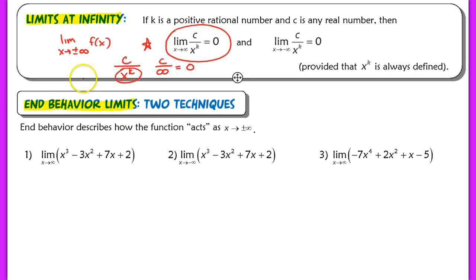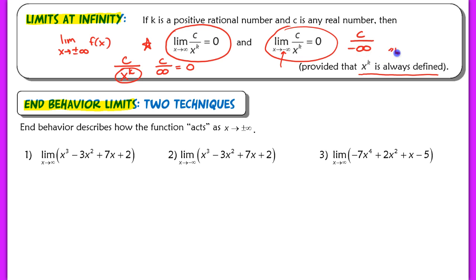Now in the second portion of the theorem, it's really similar. This time we're approaching negative infinity, but we have to make sure that we say that x to the k is always defined, because if we take a negative to something like the half power, then obviously we have an imaginary value. So we're saying that provided that x to the k is always defined, then we have a constant divided by a really, really big negative number.